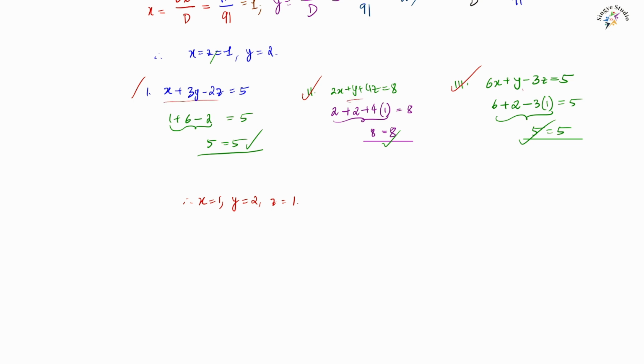Because there are some situations where it satisfies 2 of the 3 equations and 1 equation it doesn't satisfy, therefore giving a wrong value. So to verify it, you have to substitute in all and make sure that it satisfies all of the equations.